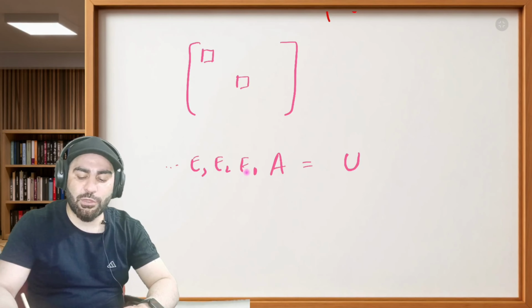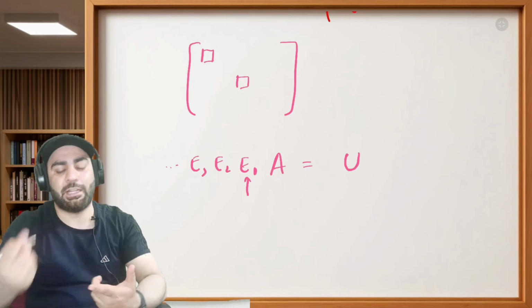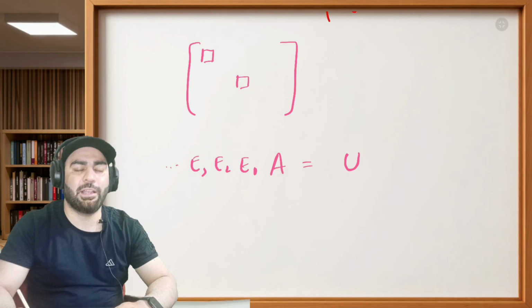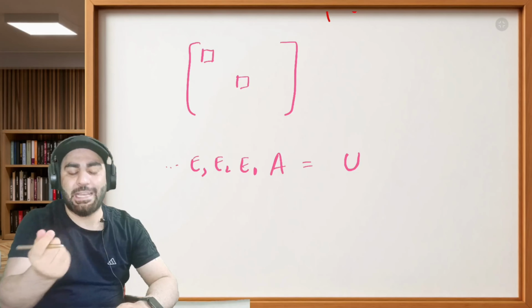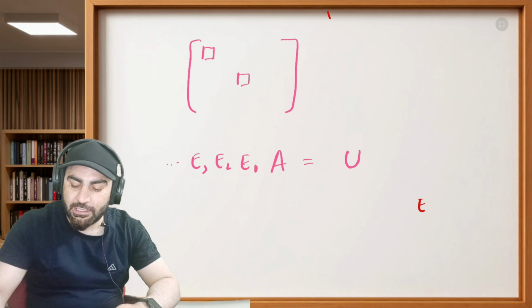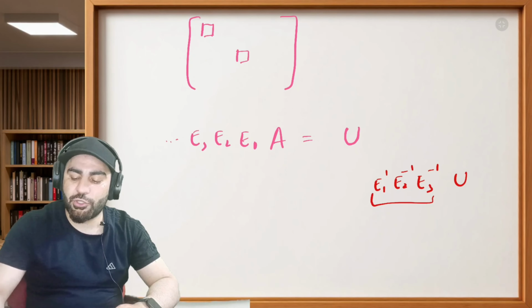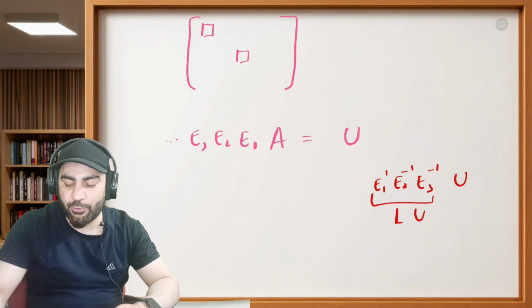You can invert each E easily, because you only have to change the signs. So you have E1 inverse, E2 inverse, E3 inverse, then U, and if you multiply these in this order you will get the lower triangular matrix L, so A is LU.